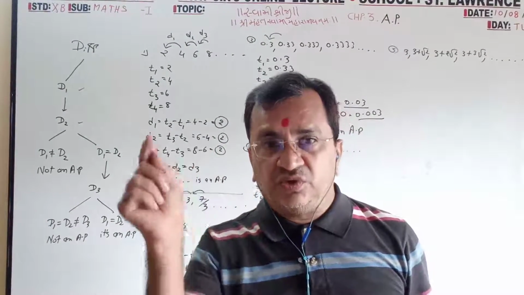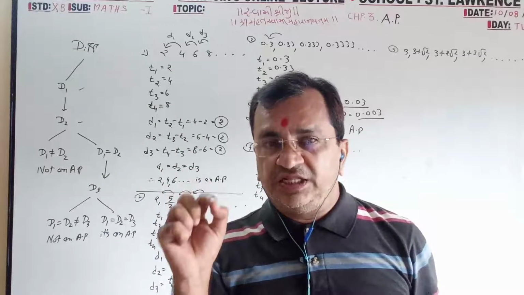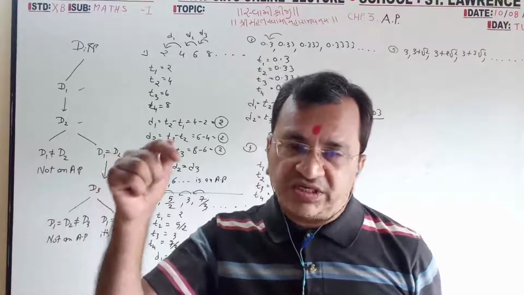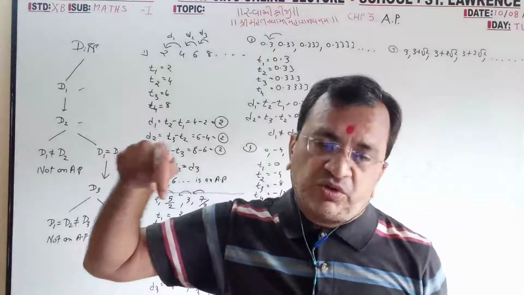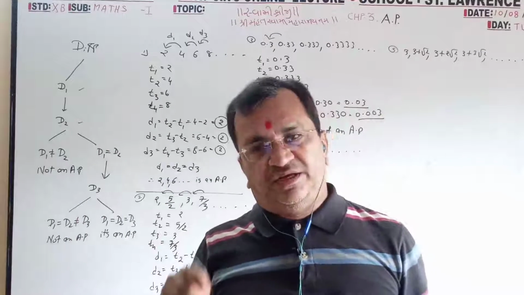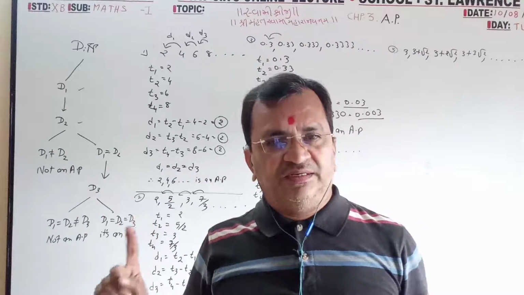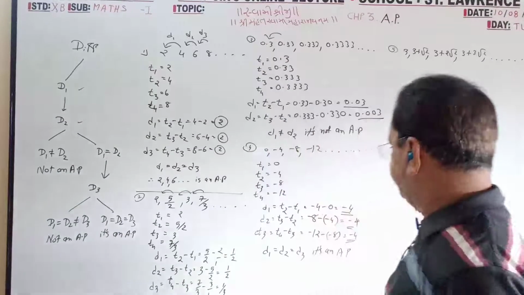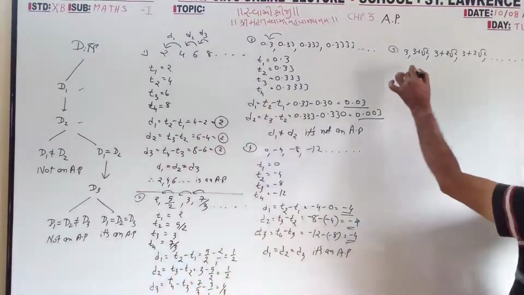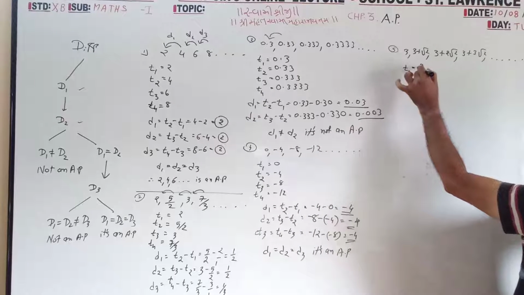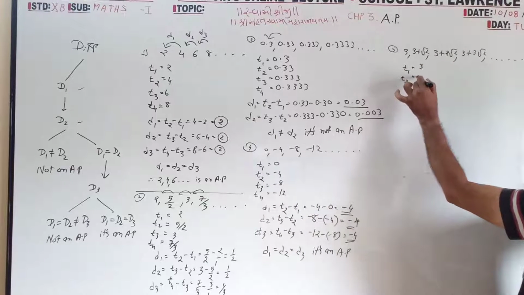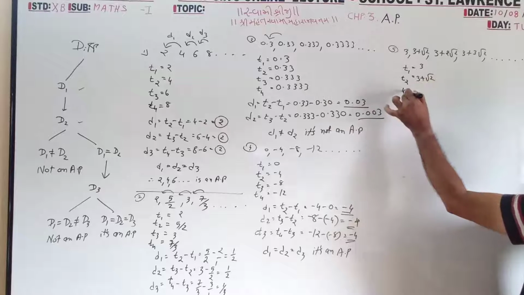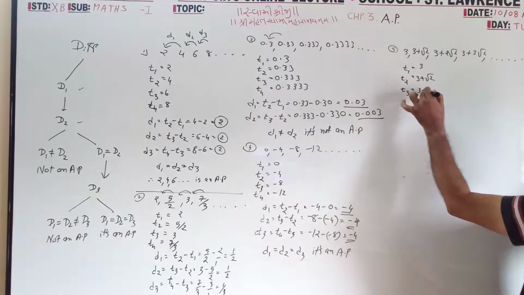Then 3 plus root 2 means root 2 is added. Then 3 plus 2 root 2, again root 2 is added. Then 3 plus 3 root 2, again 1 root 2 is added. So every time the differences are equal. So the first term T1 is equal to 3, T2 is equal to 3 plus root 2, T3 is equal to 3 plus 2 root 2.